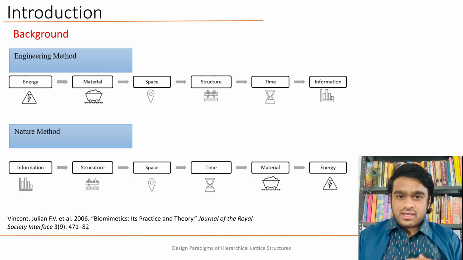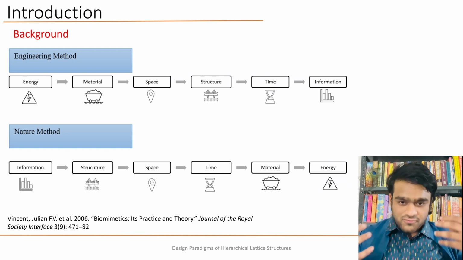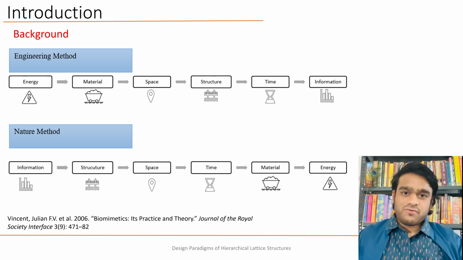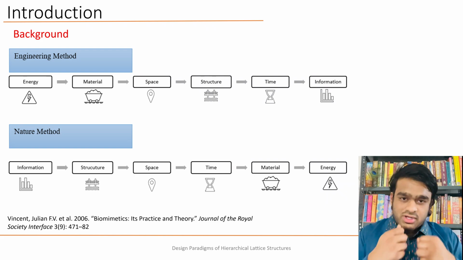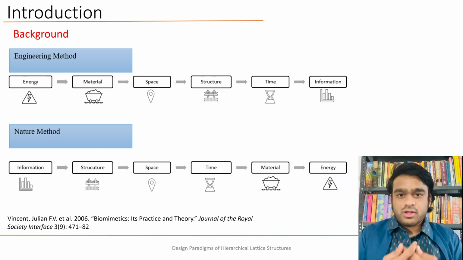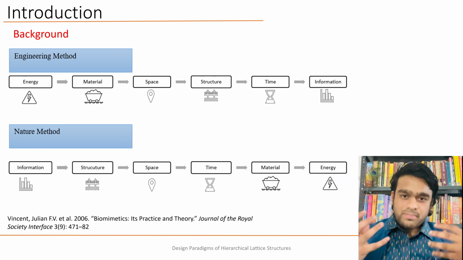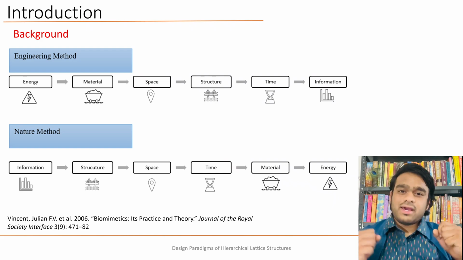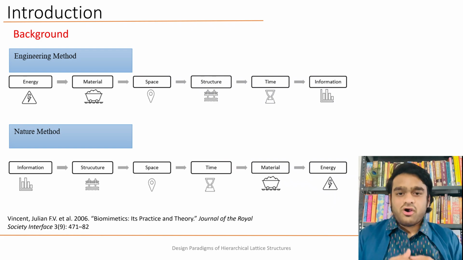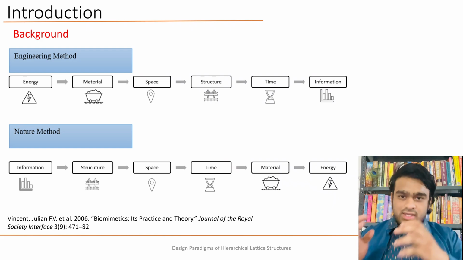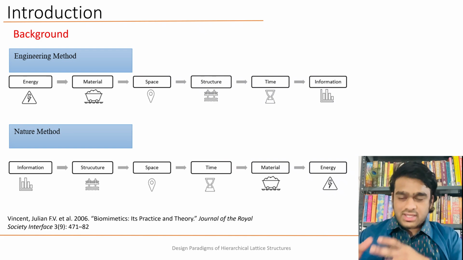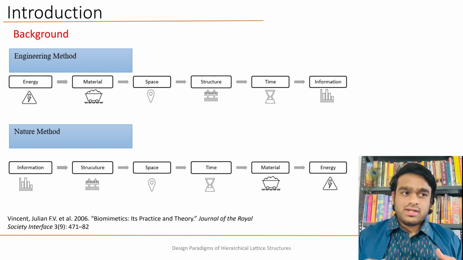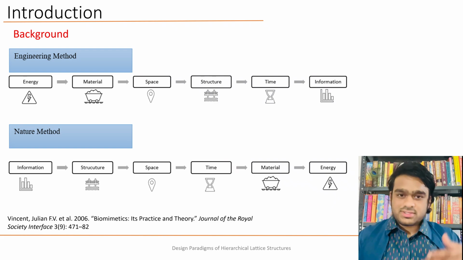That is, it tries to understand the system, what forces are acting on it, what kind of environment it's in, and develops the structure which can automatically give the best result with as little material as possible. That is the way of nature. With this nature design approach, we can develop new technologies and new materials which will be the best of the best.